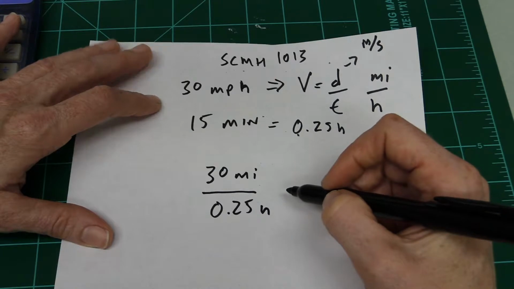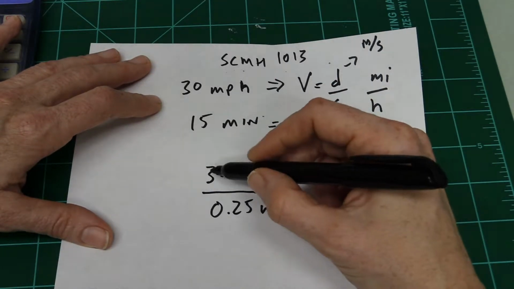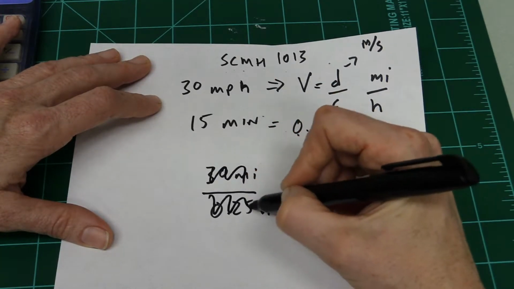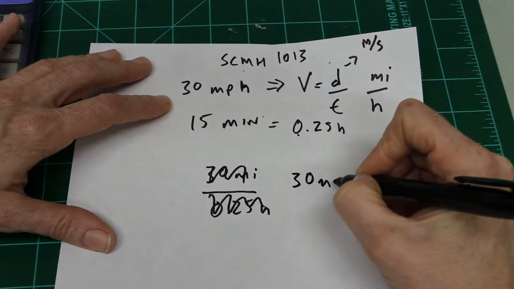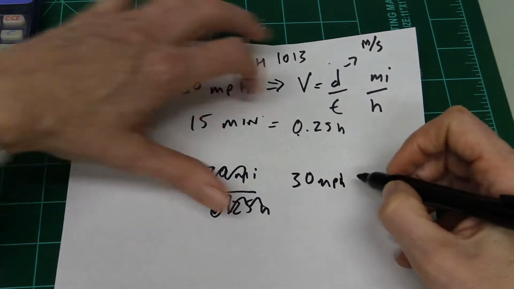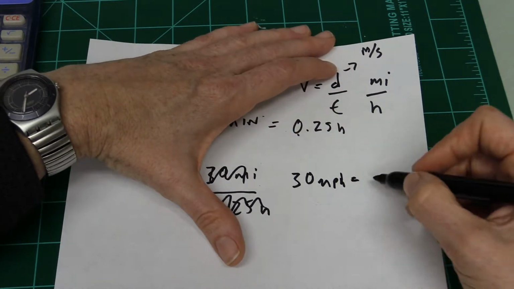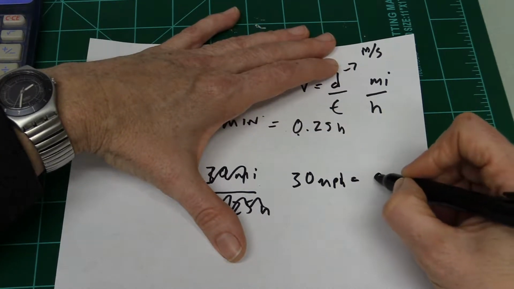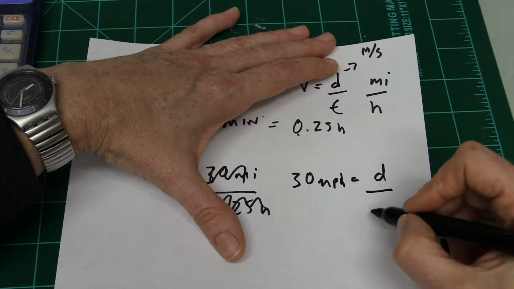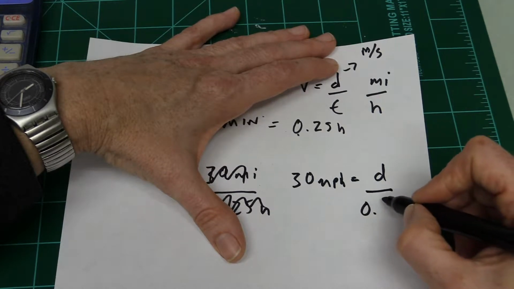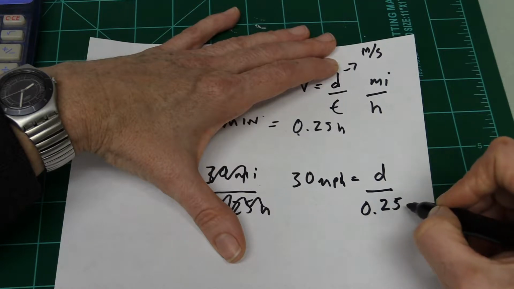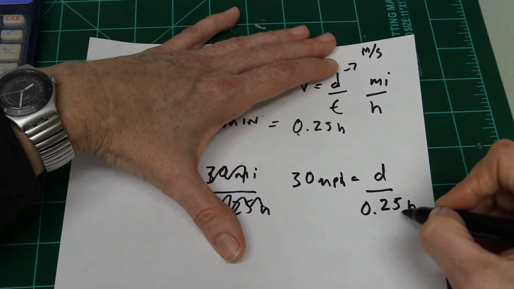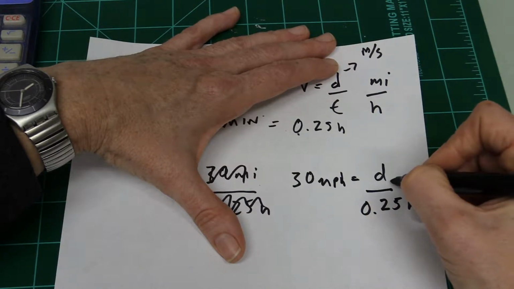Sorry, this is not the way to do it. What we have is 30 miles per hour is equal to distance, which is the unknown here, divided by the time we traveled, 0.25 hours. So we multiply this times this to get distance.